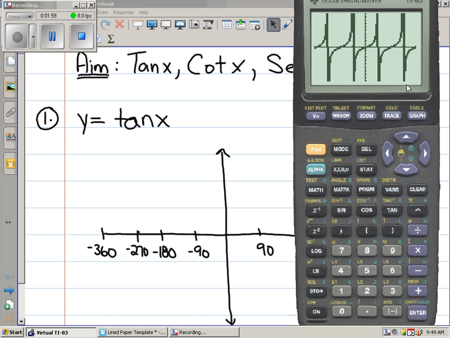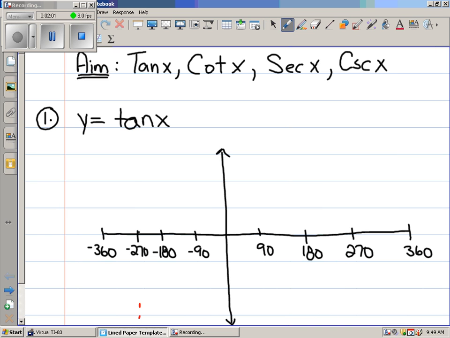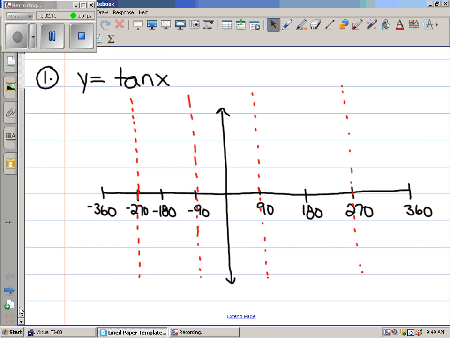Okay? So here's what we're going to do. I want you to draw in those lines. There you go. I want you to draw in the lines and graph them up.